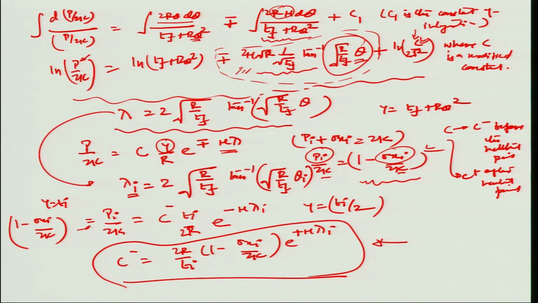Obviously because of the change of value here, this constant would also significantly change, and therefore, as I told you, before the neutral point and after the neutral point, because the friction components are completely separate, the constants of integration would be C minus and C plus in both cases. So let us now apply this equation at the end of the rolling process to find out what is going to be the region beyond the neutral point.